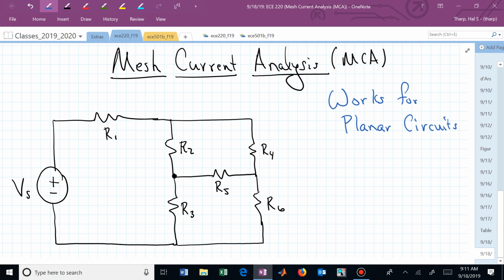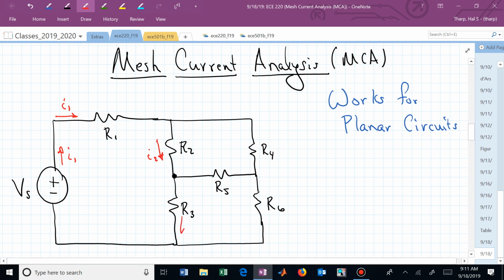Let's now look at the distinction between branch currents and mesh currents. Branch currents are what they are named as. They're currents associated with different branches. We could call this current I1. Is I1 going through V sub S? Yes, so I1 is here as well. Here's, let's say, I2. That's going through the branch that involves R2. Branches connect nodes.